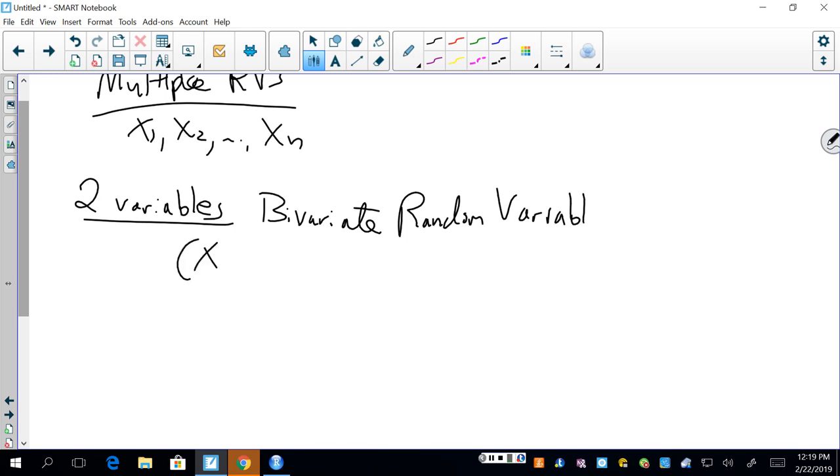So maybe there's an x and y. X and y can both be discrete, both be counting things, or both be continuous, like measures of height and weight. They can be related to each other, or independent of each other, or you could have a mix, one a discrete category and one continuous.